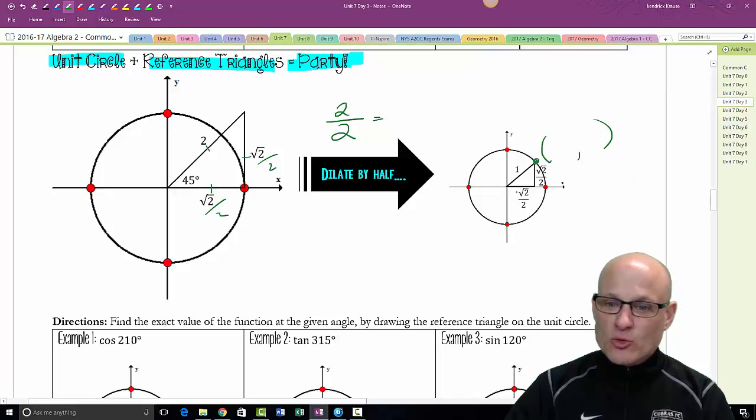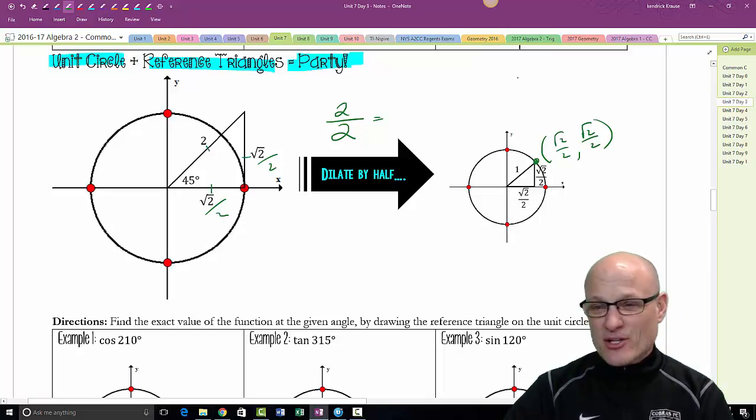this point here would be the square root of 2 over 2, the square root of 2 over 2. Now, we've talked about this a couple days now. What is the cosine of 45 degrees? We've said it is adjacent over hypotenuse, square root of 2 over 2. Well, if I'm looking at the unit circle, there it is, square root of 2 over 2. The sine, remember, sine is the y value, square root of 2 over 2.